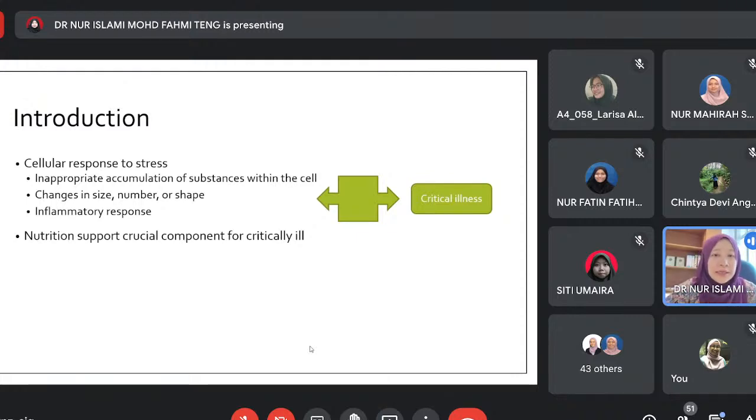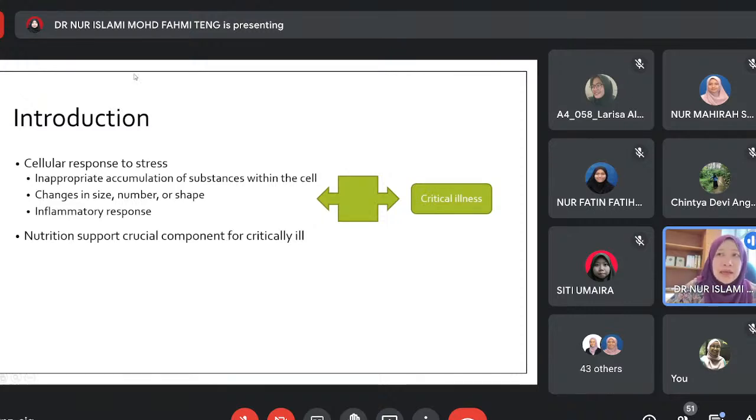So in order to make a proper plan for the nutritional support for patients undergoing surgery yeah, it is essential to understand the basic changes in metabolism that occur as the result of injury. It can compromise the nutritional status yeah, so we need to also understand the risk factors for the operative complication yeah.